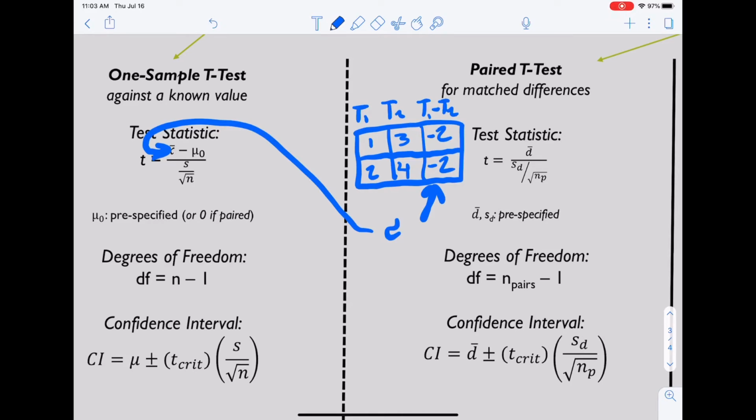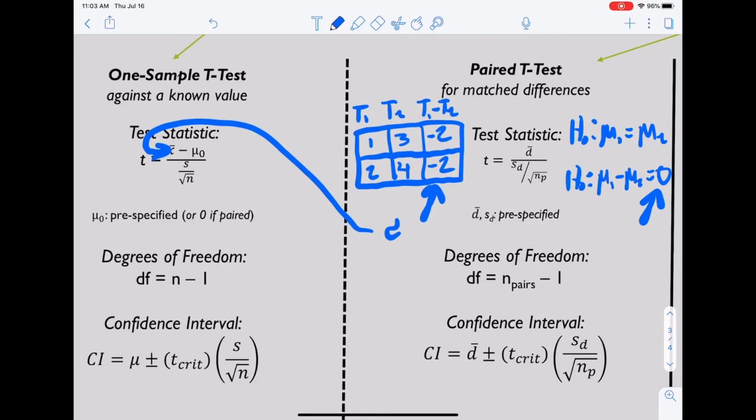Our null hypothesis for this is that the first group equals the second group, which you can also translate into mu1 minus mu2 equals 0, right? We're comparing these 2 groups to see if the difference between the 2 is nothing, essentially saying that they are the same.